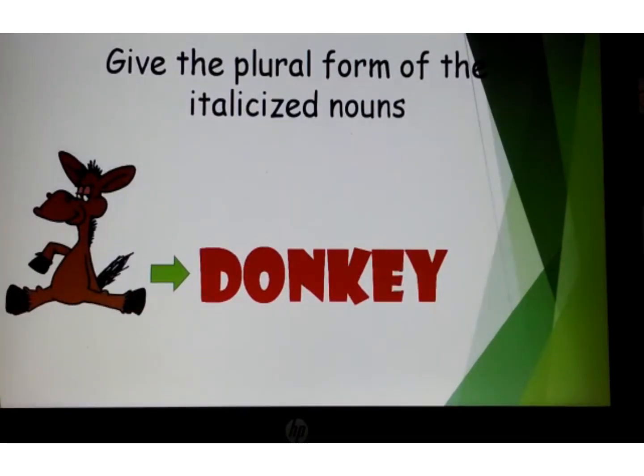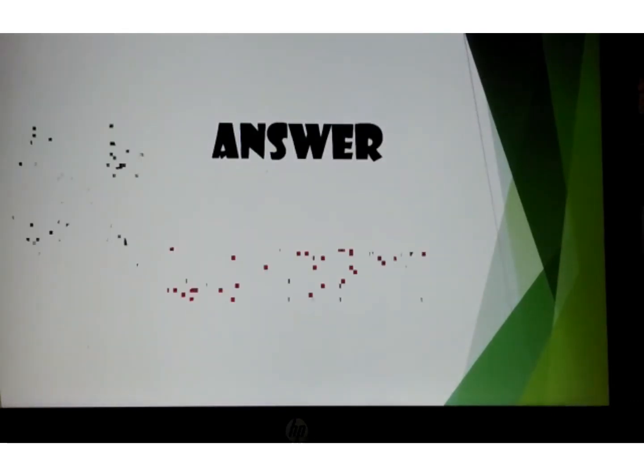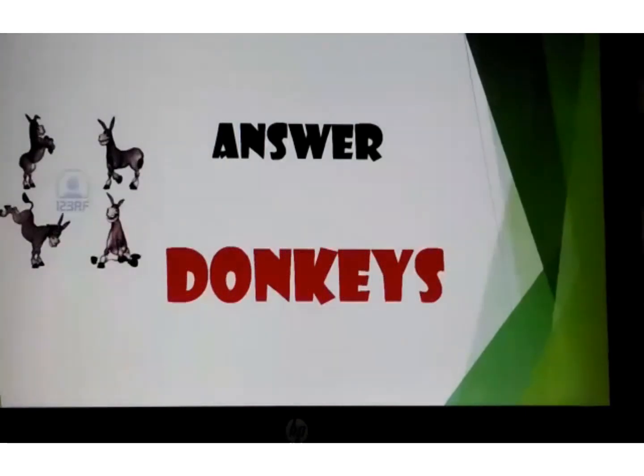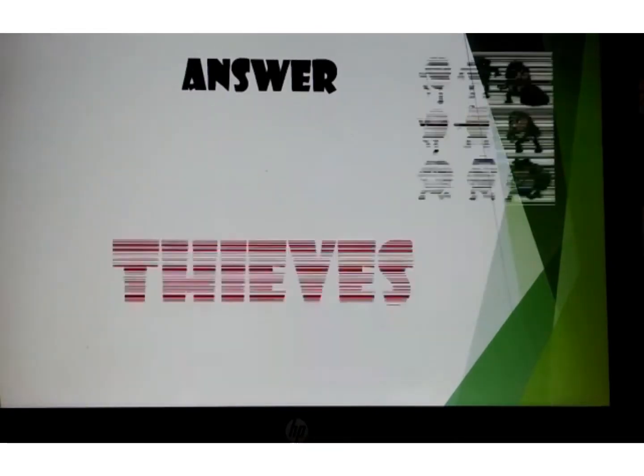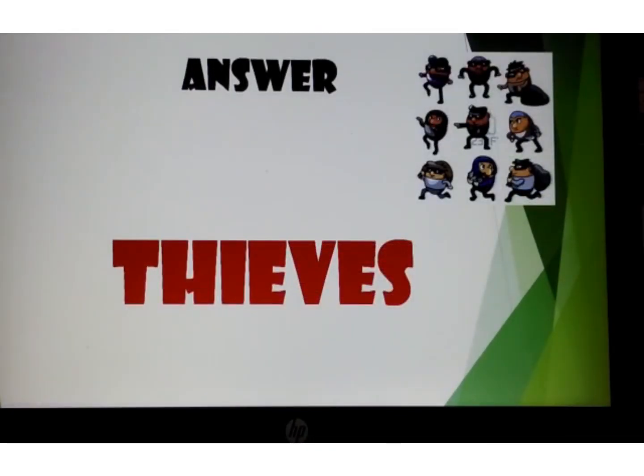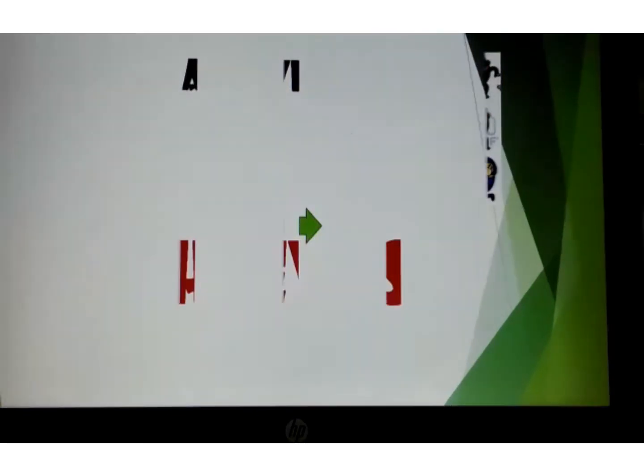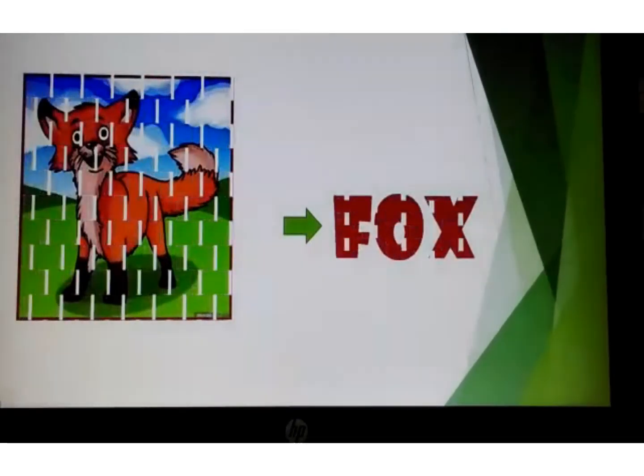Okay. Now this is the exercise. Tell me the plural of this. Donkey. Yes, good. Donkeys. Thief. So the answer will be thieves. Fox.